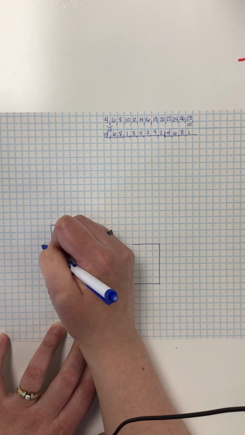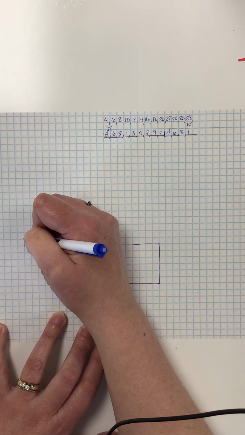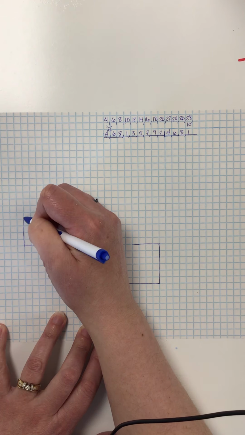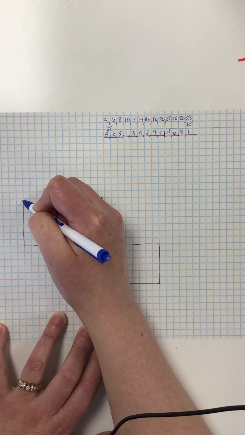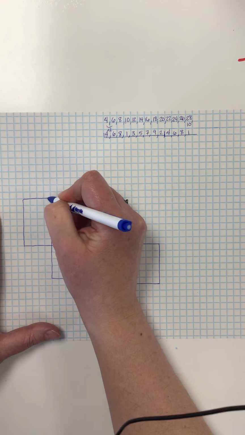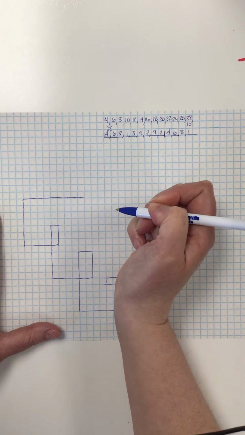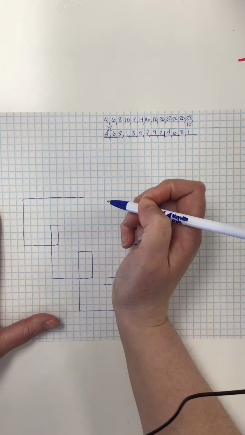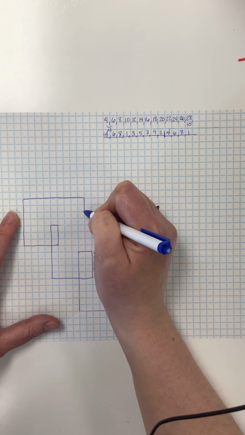Then 5, 7, 9. And then what's after 9? 2. So I go back to 2. And then we start with 4 again.